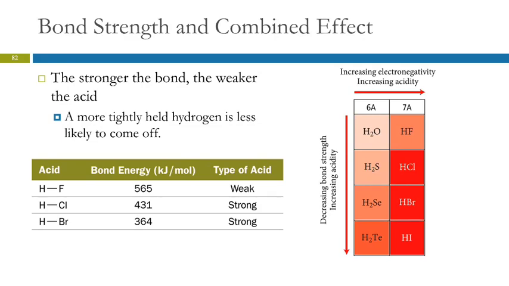Yes, because iodine is a much larger atom than fluorine is, and so the hydrogen cannot get as close to the iodine nucleus. As atoms or ions get larger and larger, the attractive forces between them become weaker. So as we go down, these get to be stronger acids because it's harder for them to stick together. Any questions?